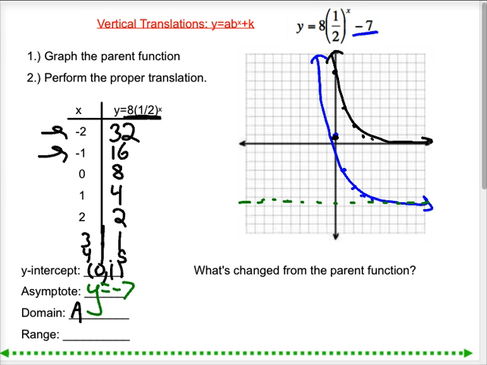So domain is all real numbers. And now notice, with that shift in the asymptote, that has also changed our range. It's dropped that range down to now everything being greater than -7. So that's the main thing I want you to see with vertical shifts.